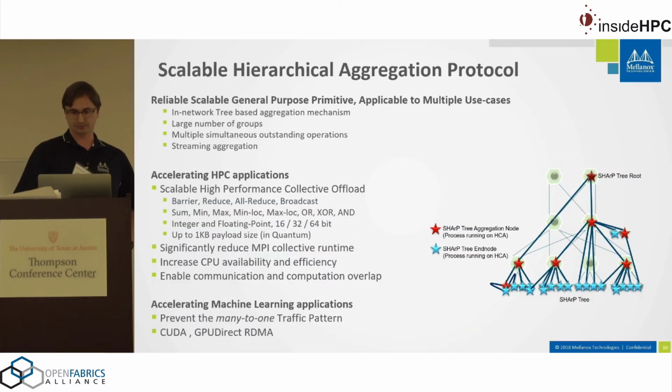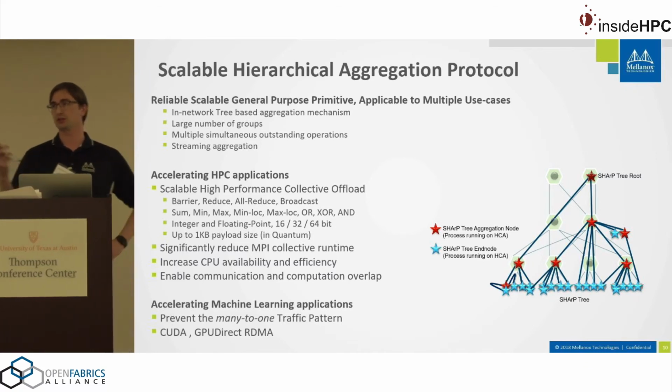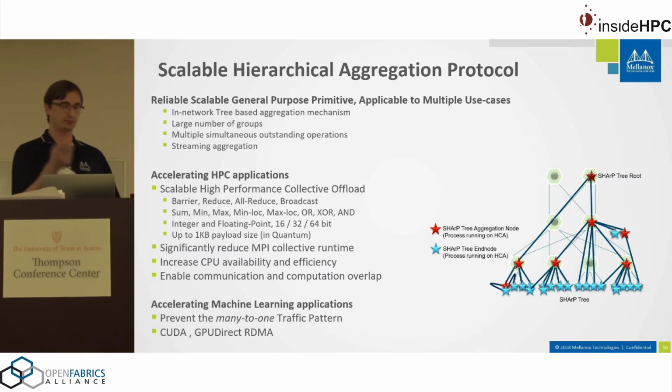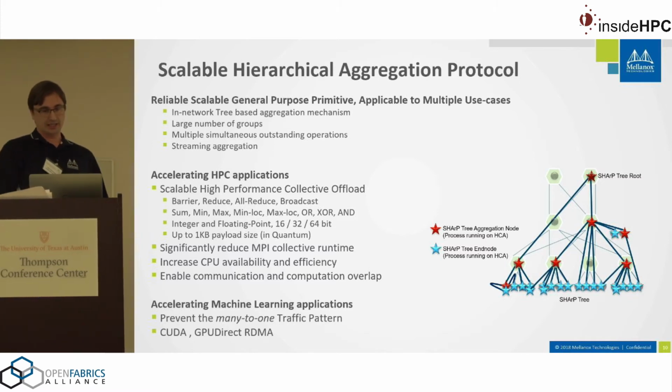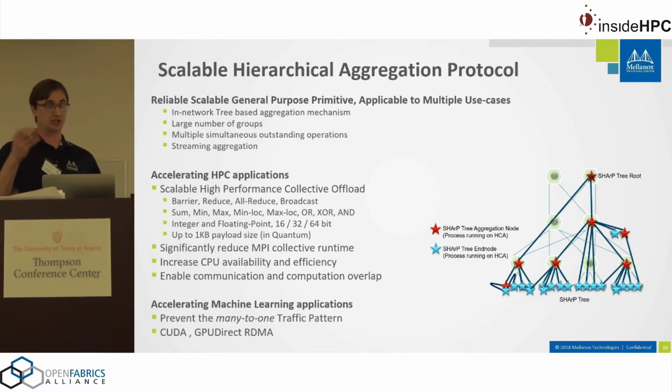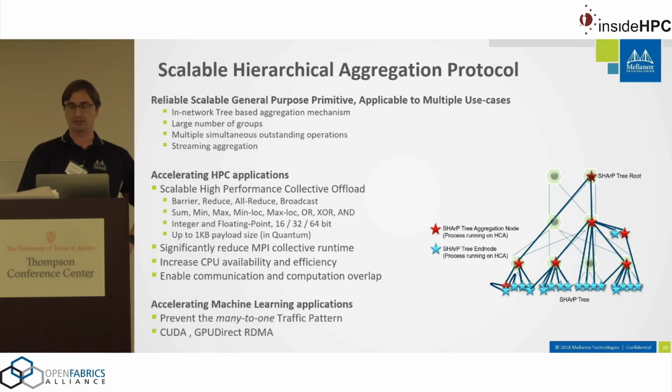But before that, now we've heard the SHARP term being thrown around and talked about, so let me very briefly mention this. SHARP is a general purpose primitive designed for HPC and AI applications and applicable to multiple use cases.